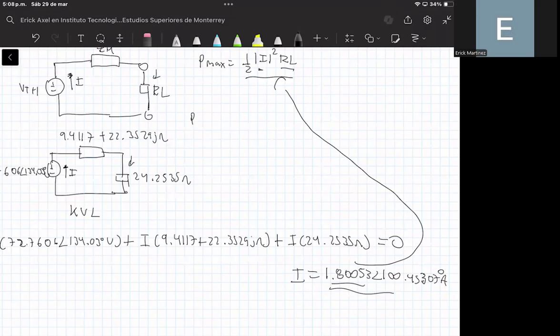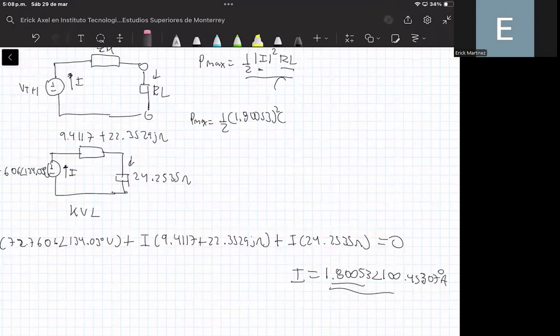So the maximum average power transfer is equal to 1 over 2 times the magnitude of the current, that is 1.80053, squared, times the value of the resistor RL, that is 24.2535 ohms.